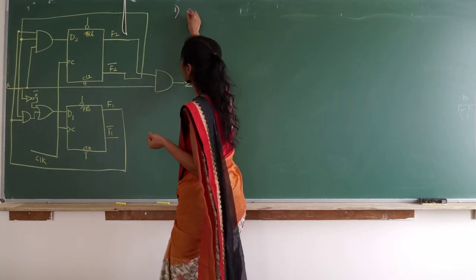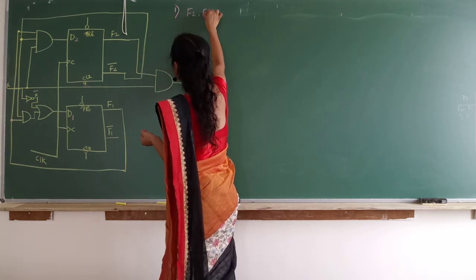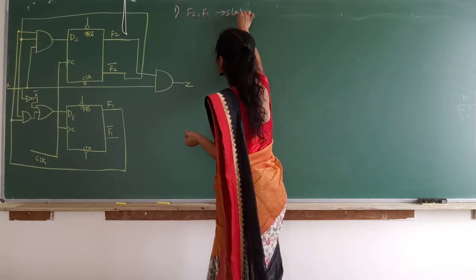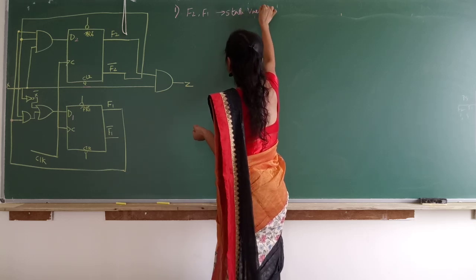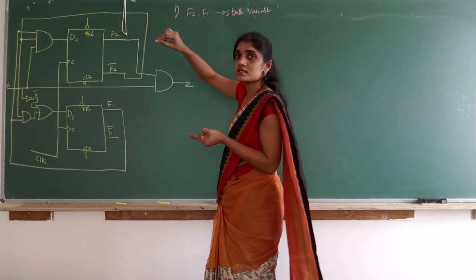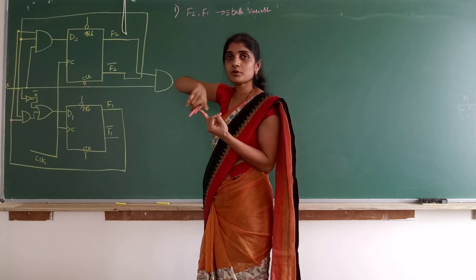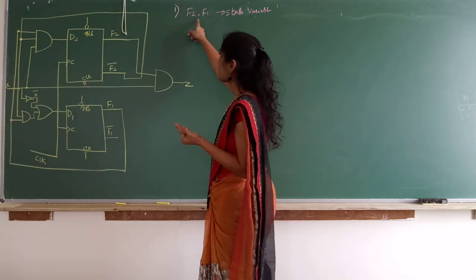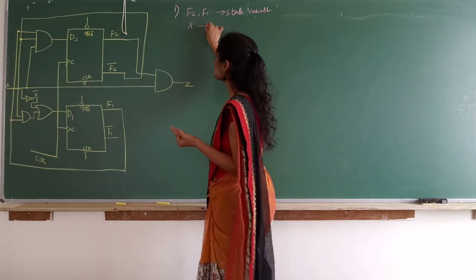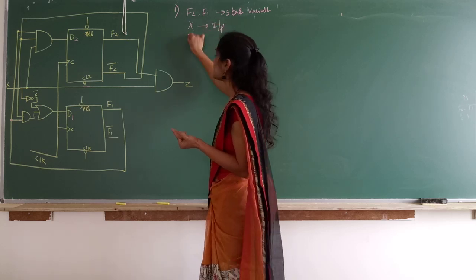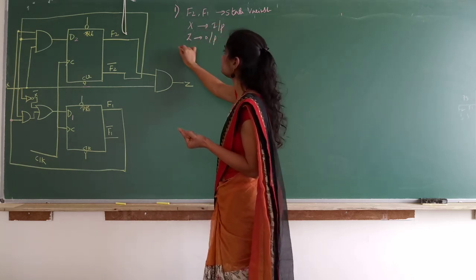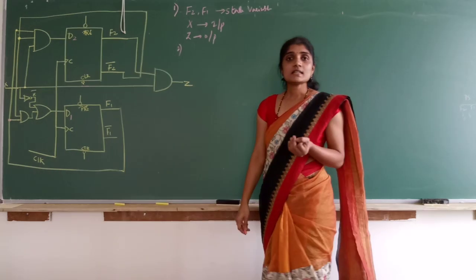F2 and F1. These two are state variables. X is the input variable, and Z is the output variable. So that is the first step.